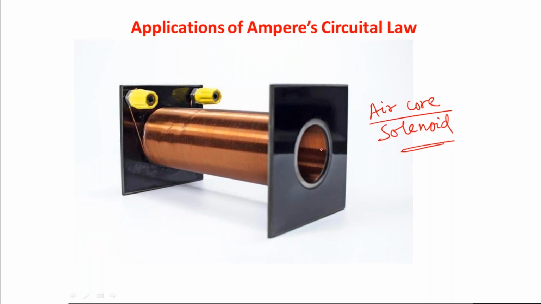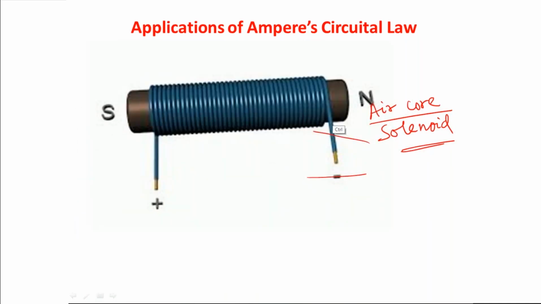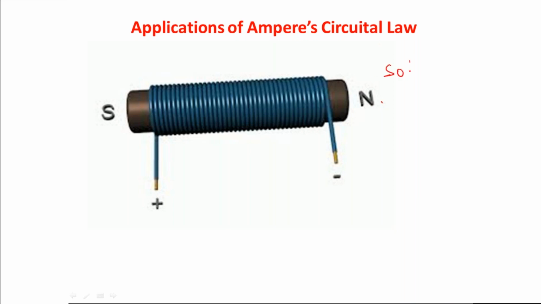Generally, soft iron is inserted in the core of the solenoid, so this type of solenoid is called a soft iron core solenoid. We'll see why we need this after calculating the magnetic field for a solenoid.